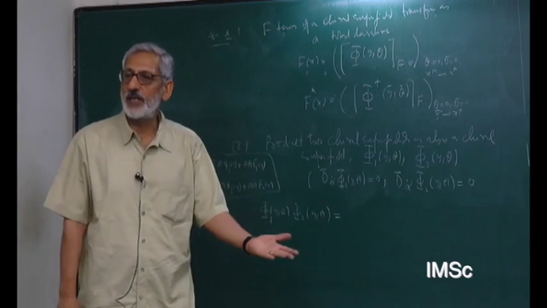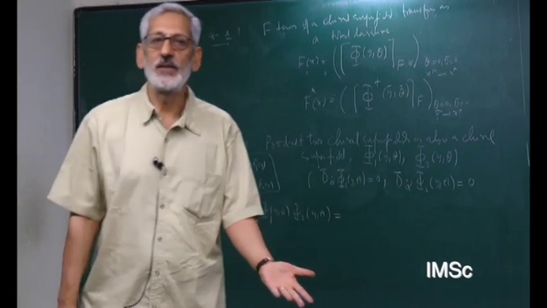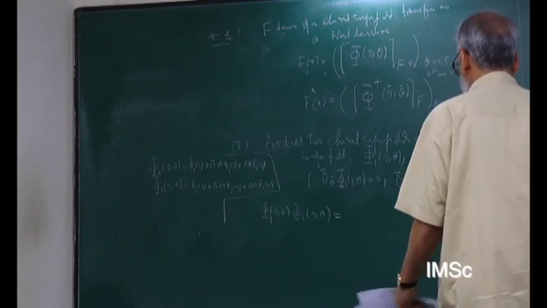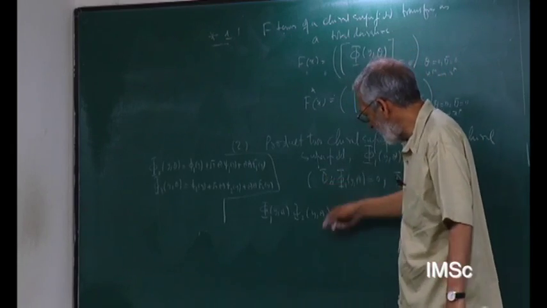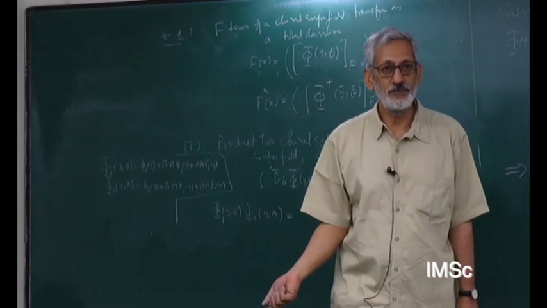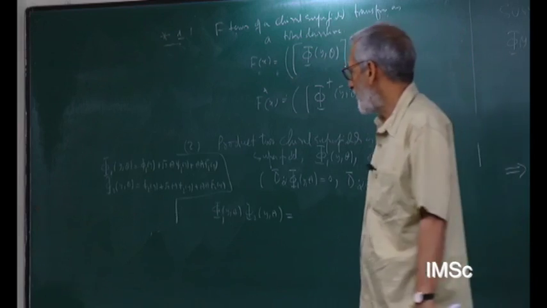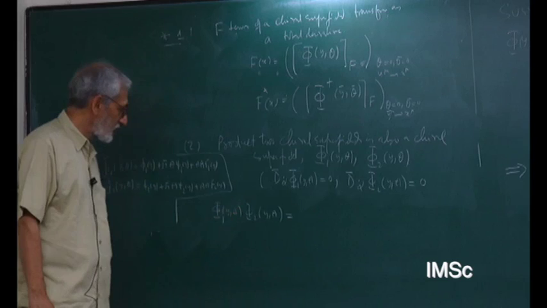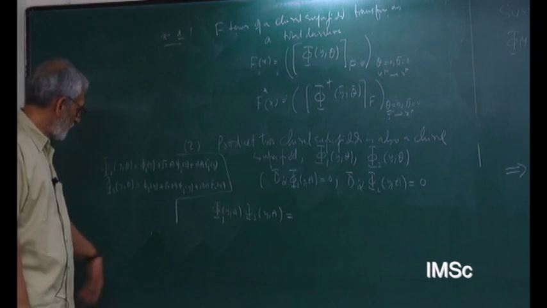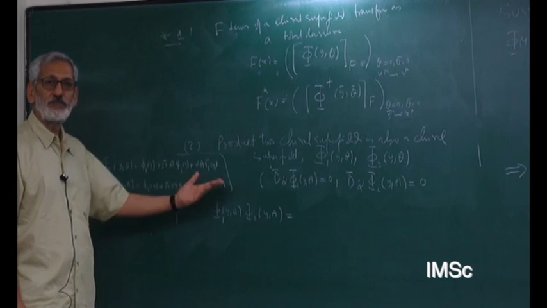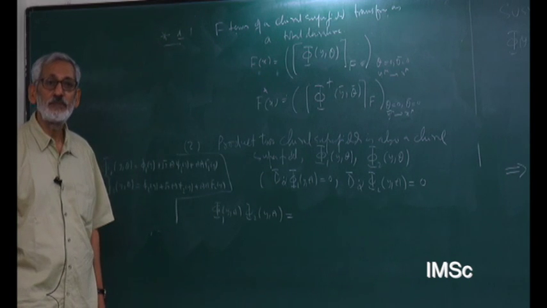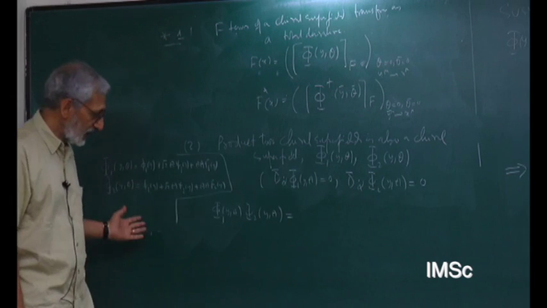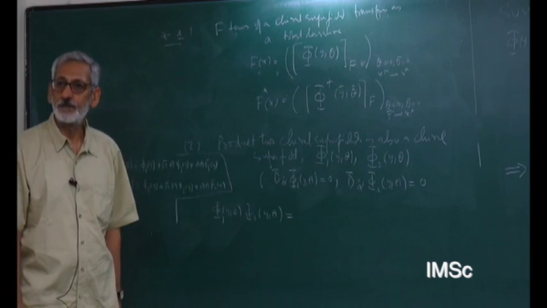Product is also a function of y and theta. Therefore, by definition, by construction, it's also a chiral superfield, which means D bar alpha dot acting on this product is also 0. Now, since it's a chiral superfield, I should be able to write an expansion of this chiral superfield in terms of a theta-less term, one theta term, and two theta terms. So I just take the product of these objects and construct that expansion.